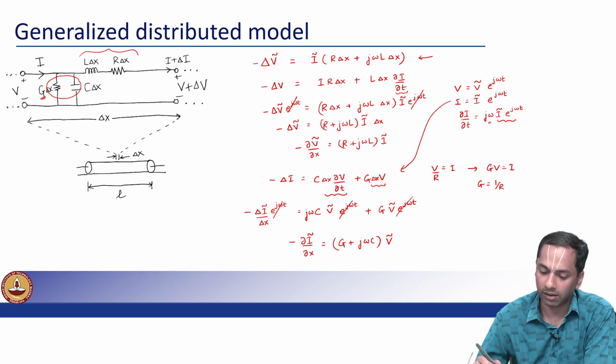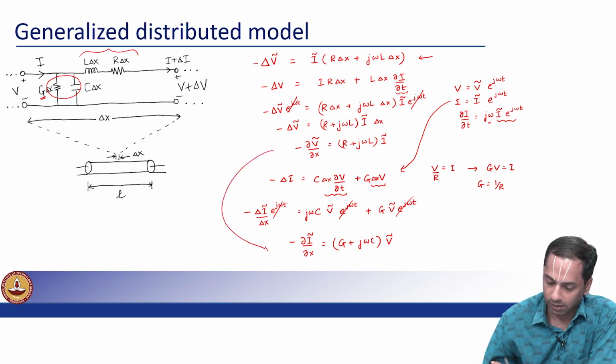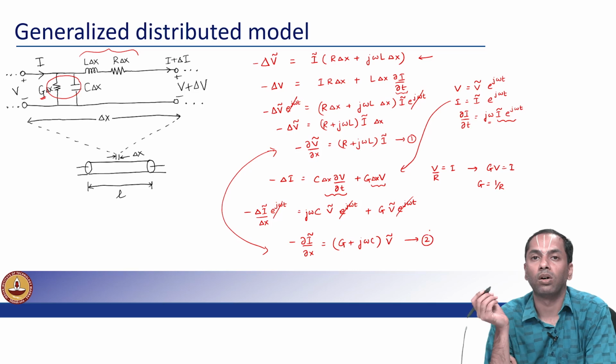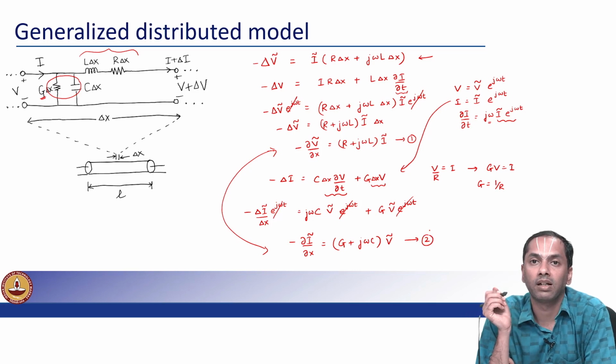So you can see that these two equations combined can now be called the generalized telegrapher's equations, when solved for in the frequency domain for a very specific frequency of excitation.